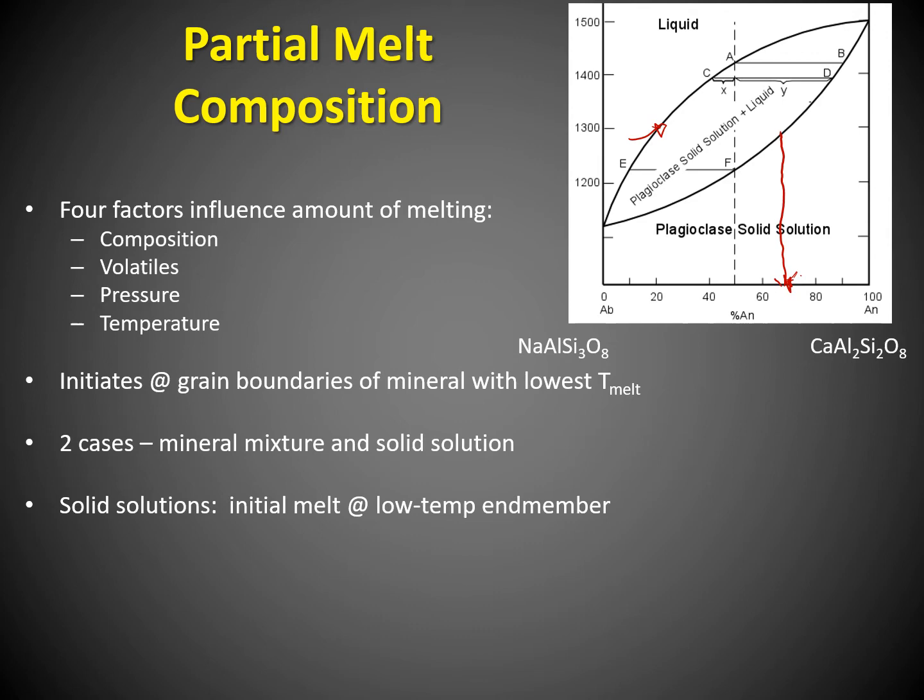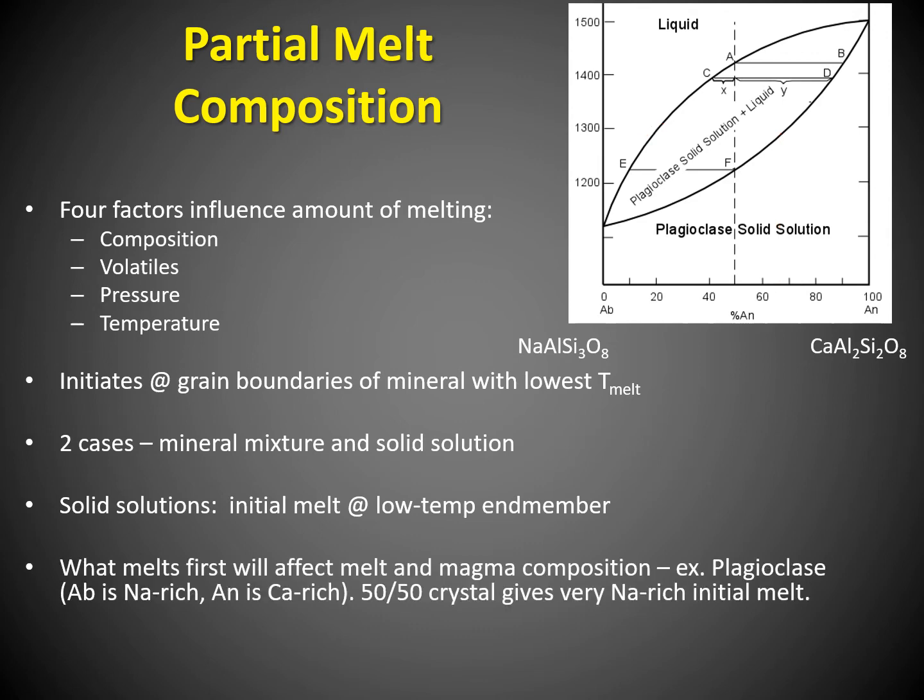So your initial melt not only is different than what you're melting, but it also has lots of volatiles in it that get incorporated then into melt, and then all that rises up. So point being, again, you can start with a garnet, pyroxene, olivine, rich mantle, and if you only partially melt it, you get something that's volatile rich, 5 or 6% volatiles, and it has a different composition.